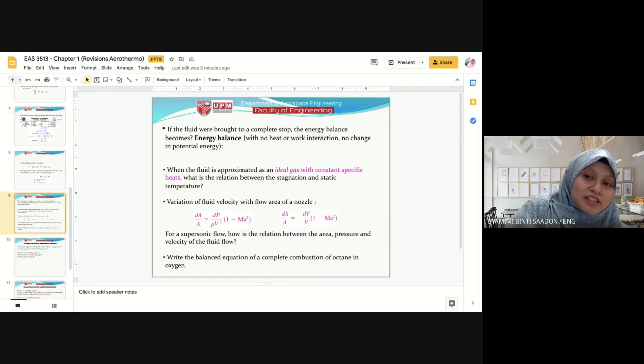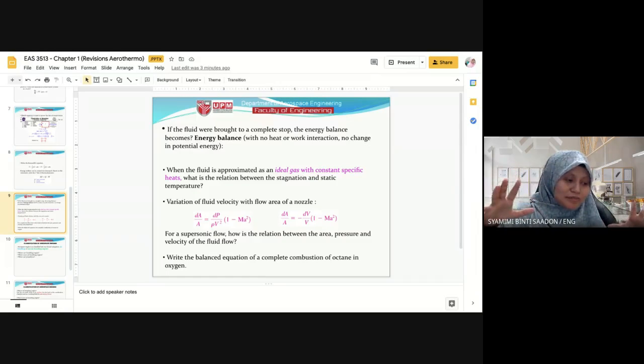Actually, just now the change in internal energy, Q minus W, this is the simplified equation, and the longer or basic equation, we have used this term. What? Enthalpy, ideal.